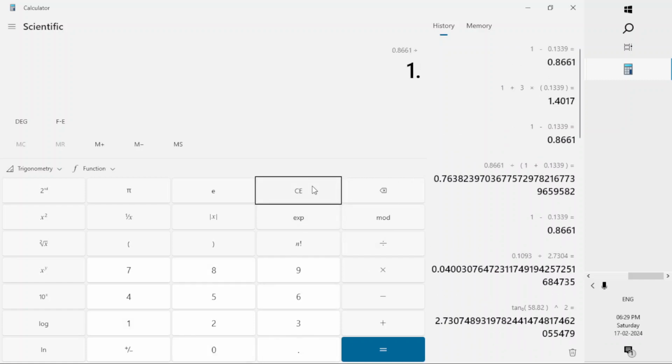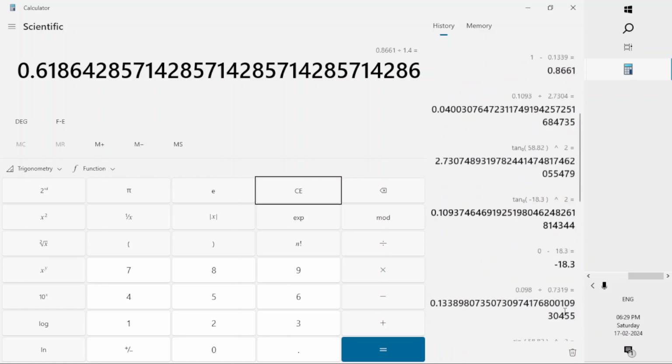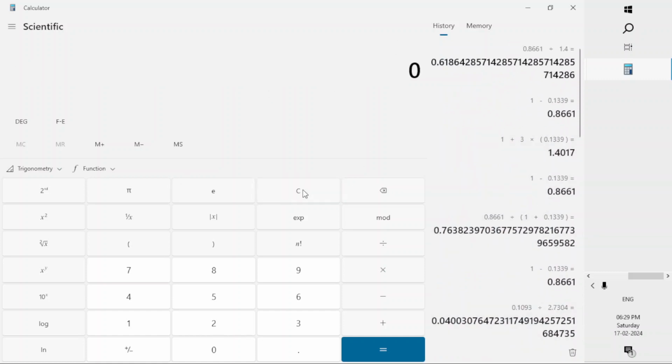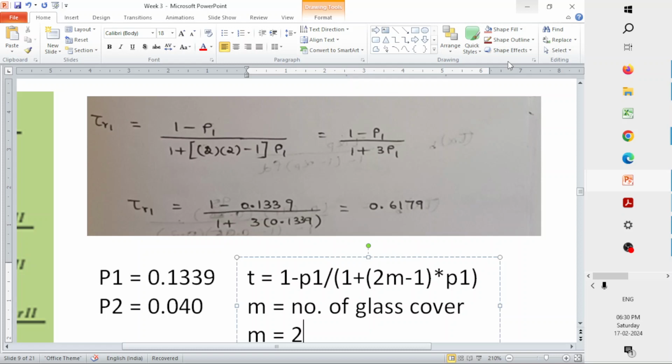So 0.8661 divided by 1.4017 is 0.6179. I have taken it here as 0.6179.